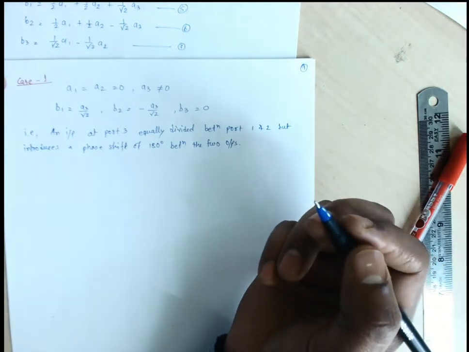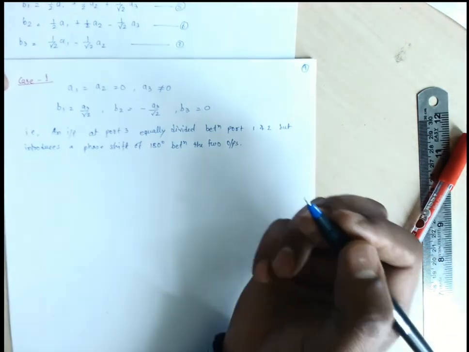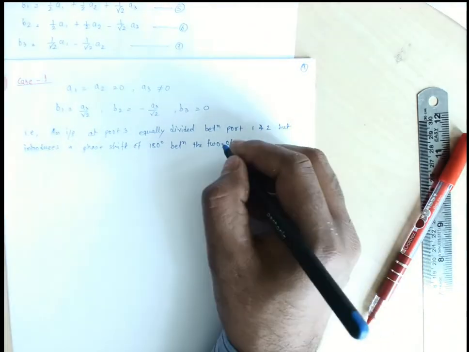Hence this E plane T also acts as a 3 dB splitter.